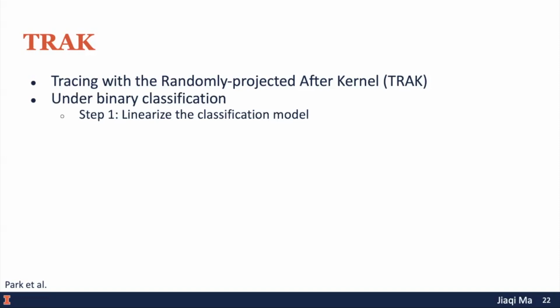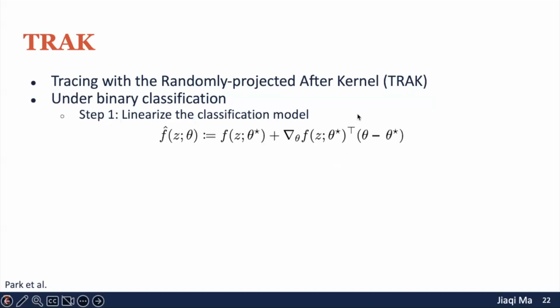For simplicity, let's assume a binary classification case, although it's not hard to generalize to the multi-class case. The first thing TRAK does is to linearize the binary classification model. Here, F is the machine learning model, not the target function. And we can view it as a function of data point Z and also the model parameter theta.